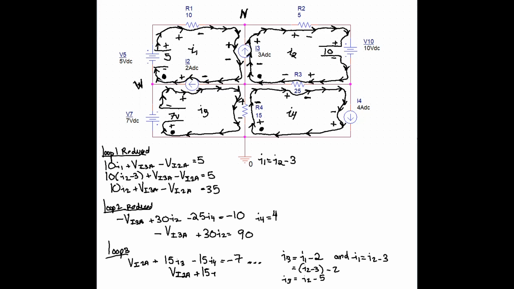So we've expressed both I3 and I1 in terms of I2, and that helps quite a bit. And loop 4 is a little bit larger. I'll just write what it reduces to: 235 minus 40 I2, which is equal to the voltage drop across I4.